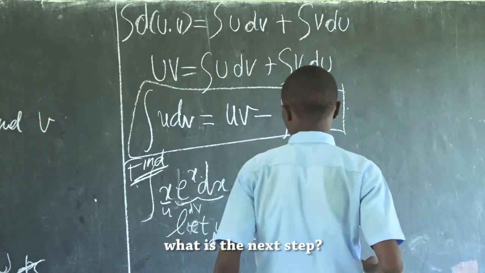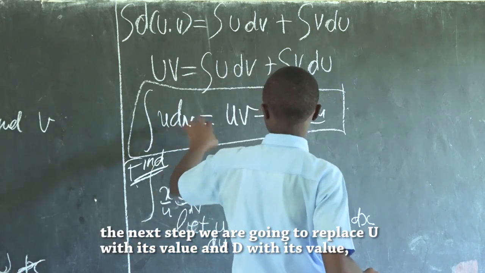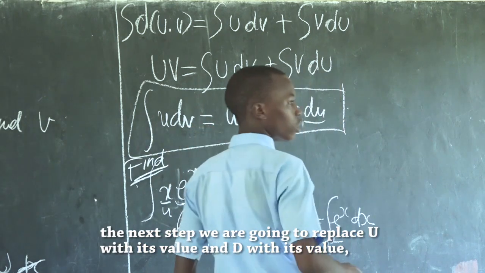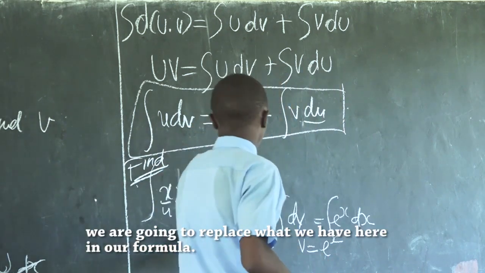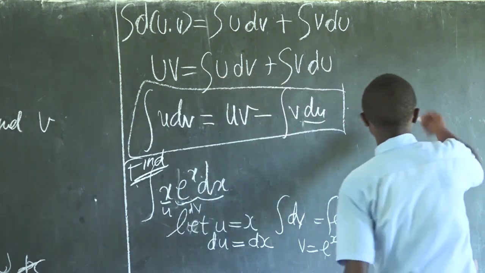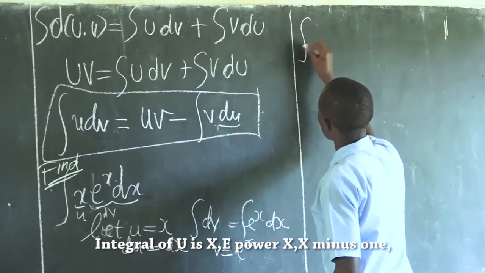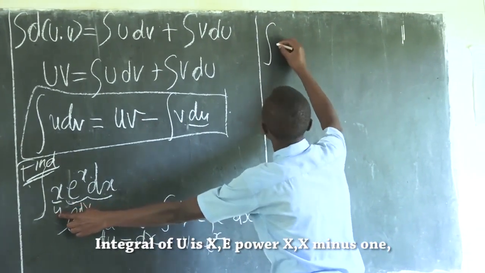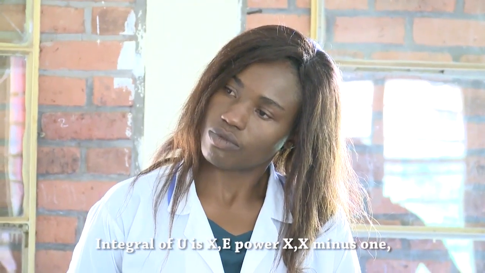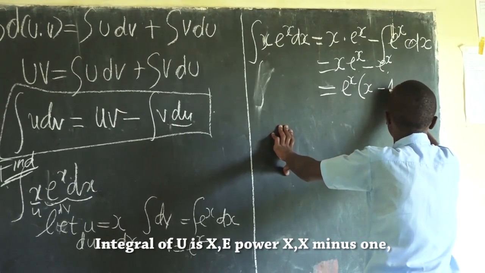Then what is the next step? The next step, we are going to replace the u with its value and the v with its value in our formula. Then the integral of u is x, and the answer is e power x times x minus 1.